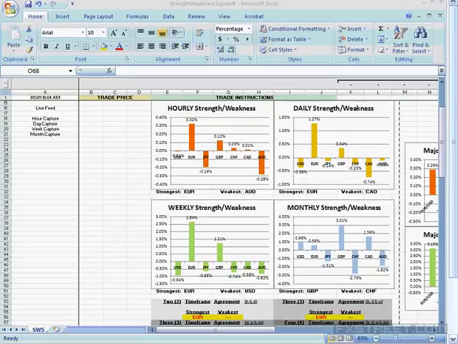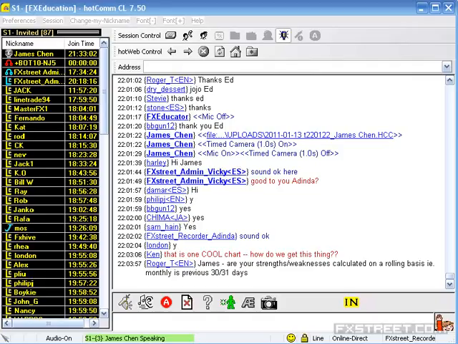But I'm working on it. It should be on a rolling basis, so the monthly would be the last 30, 31 days, the weekly should be the last 7 days, daily should be the last 24 hours, etc. But for now, although it's not on a rolling basis, this also suffices in measuring strength and weakness on different time frames. But I'll get to that in a second.